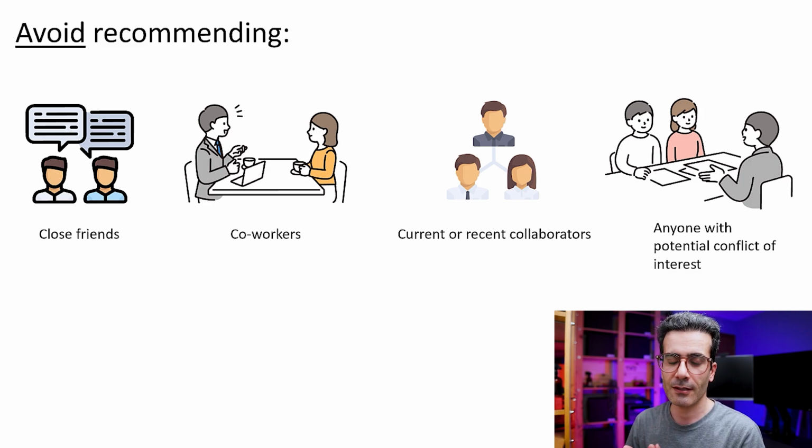These 3 examples that I just touched on are also potential conflicts of interest. So anyone who can benefit from publishing this paper shouldn't be part of the reviewing process because of that bias that person might have. So you should avoid these people.